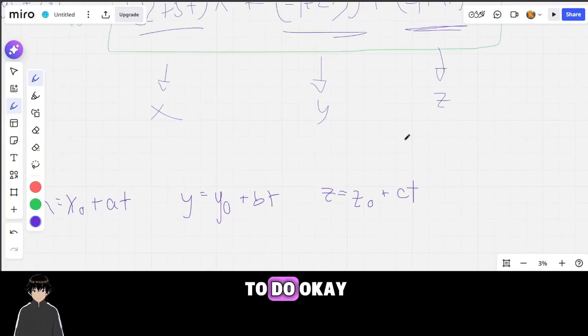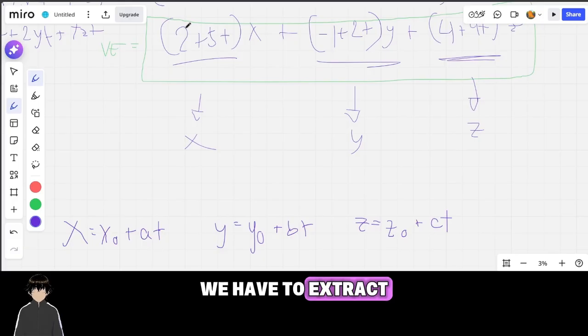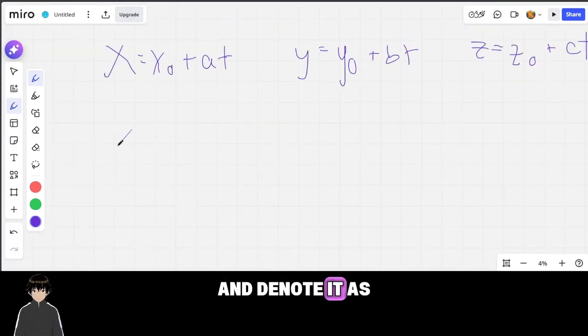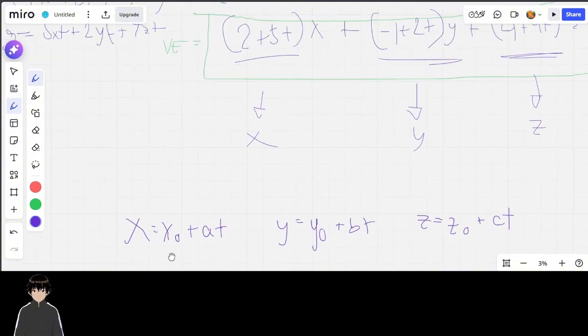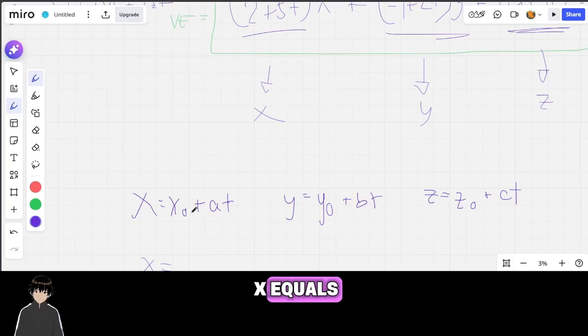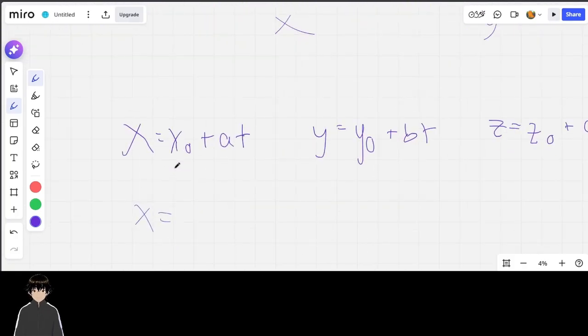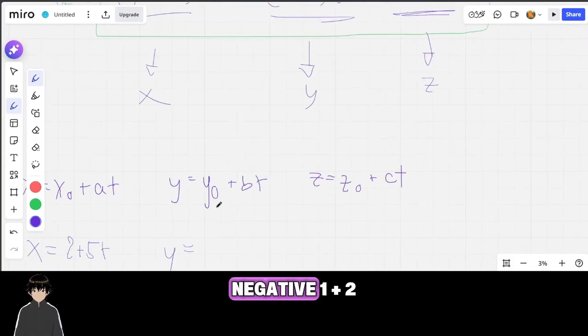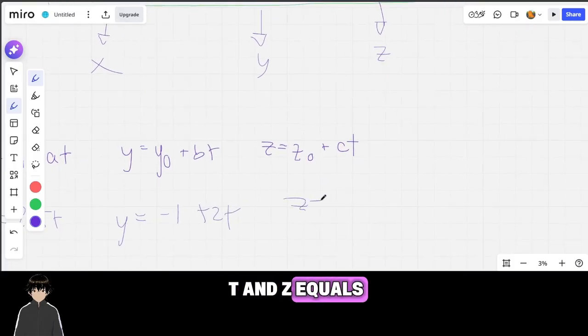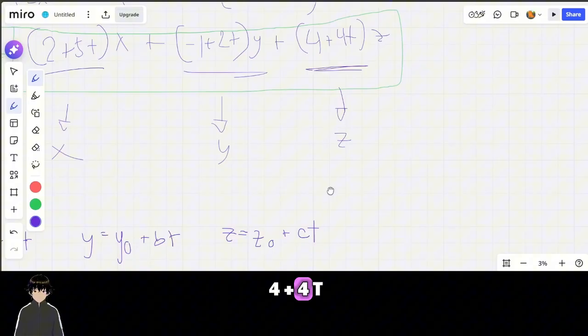So we have to extract these numbers and denote it as such. We have x equals 2 plus 5t, y equals -1 plus 2t, and z equals 4 plus 4t.